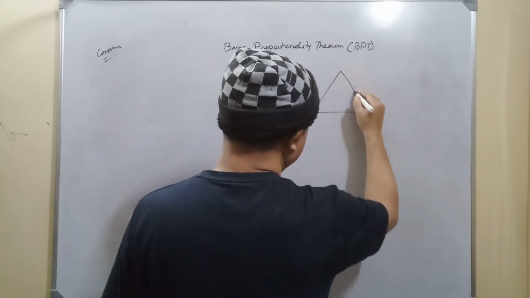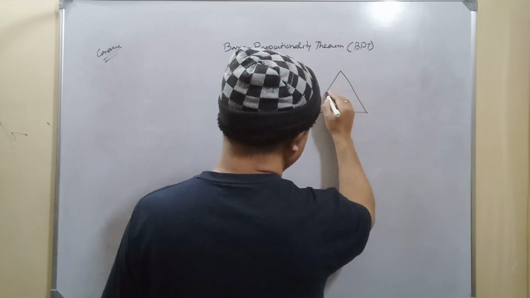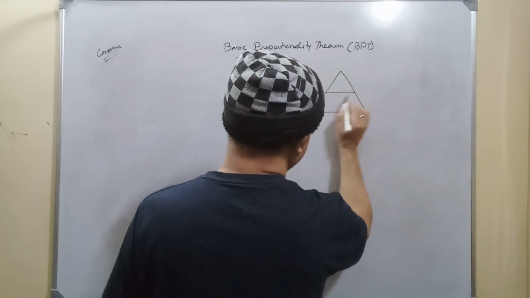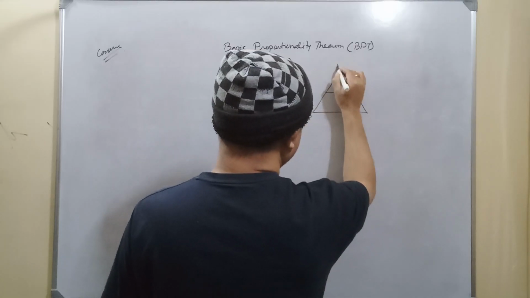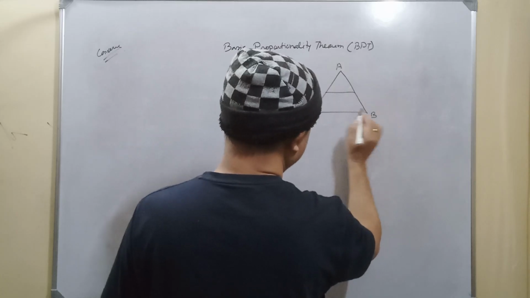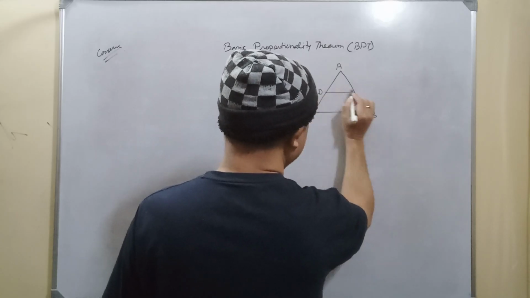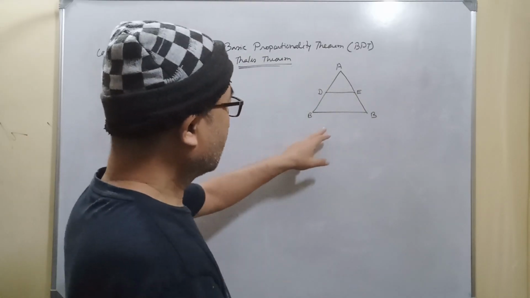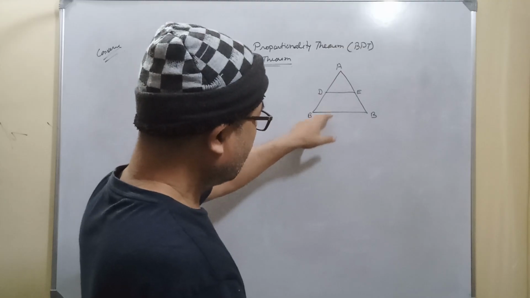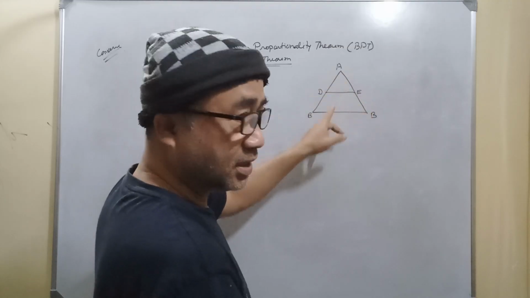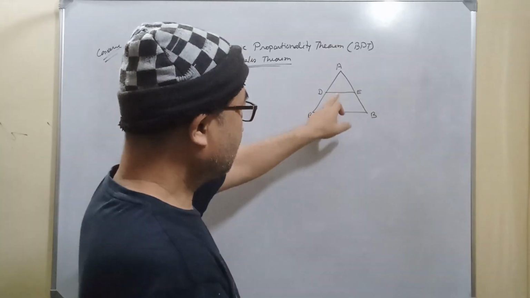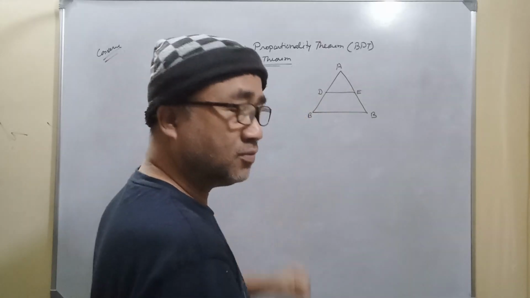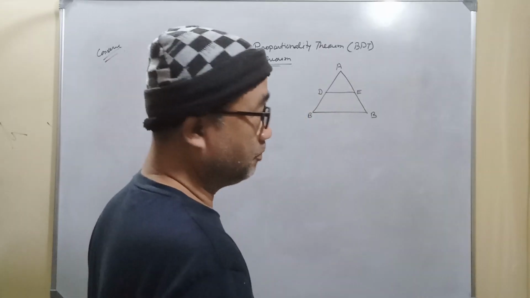So the converse says that in a triangle ABC, if a line DE divides the two lines in the same ratio, then it is parallel to the third side. Okay, that is the converse of BPT or Thales theorem.